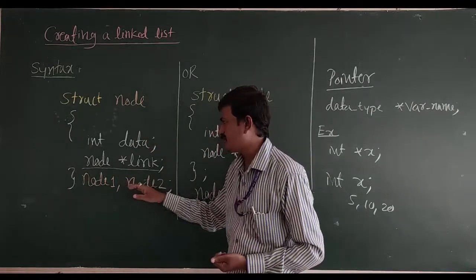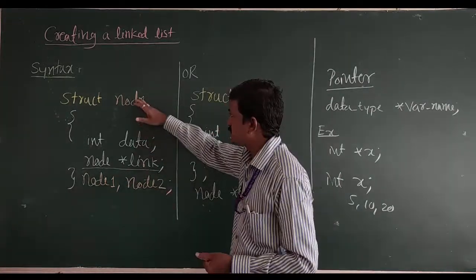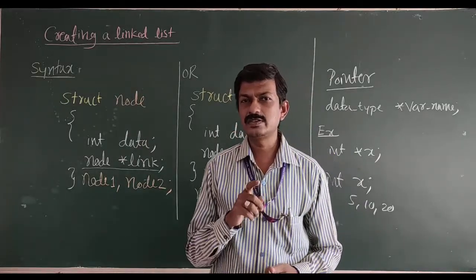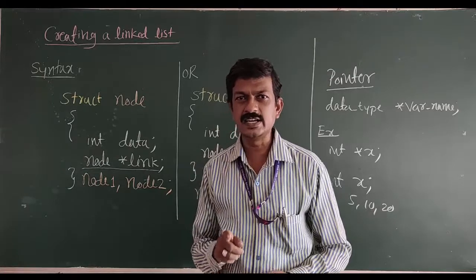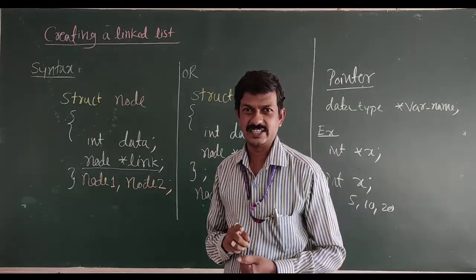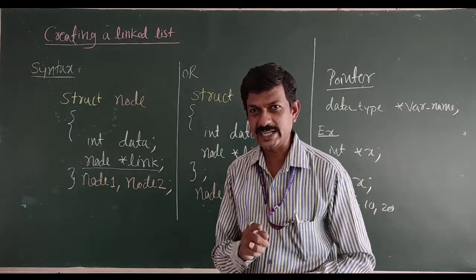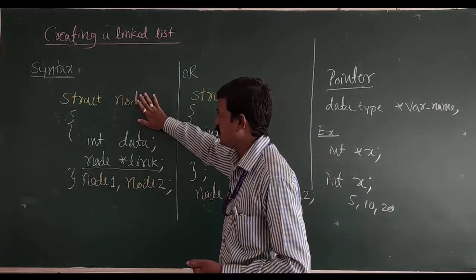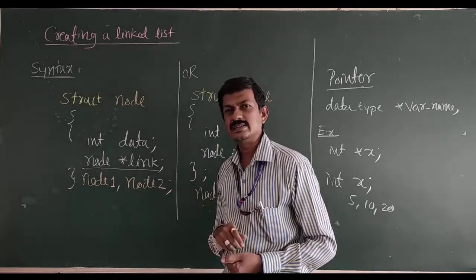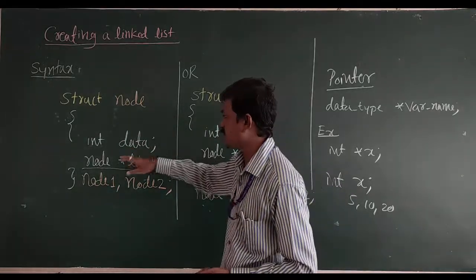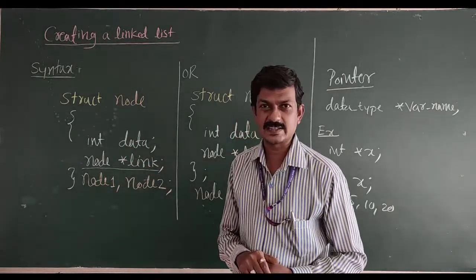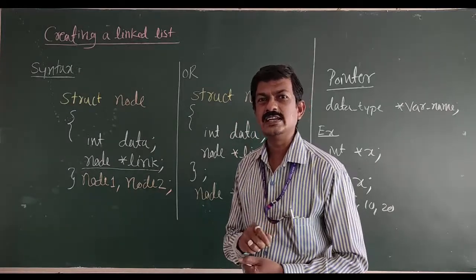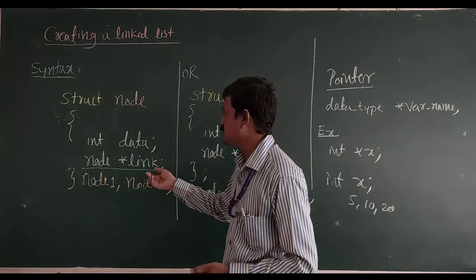In this, you need to remember one more thing. This structure declaration is a nested structure. In the previous class, we also discussed what you mean by nested structure, and you need to revise it once again. A structure within a structure is called a nested structure. Why are we using a nested structure?